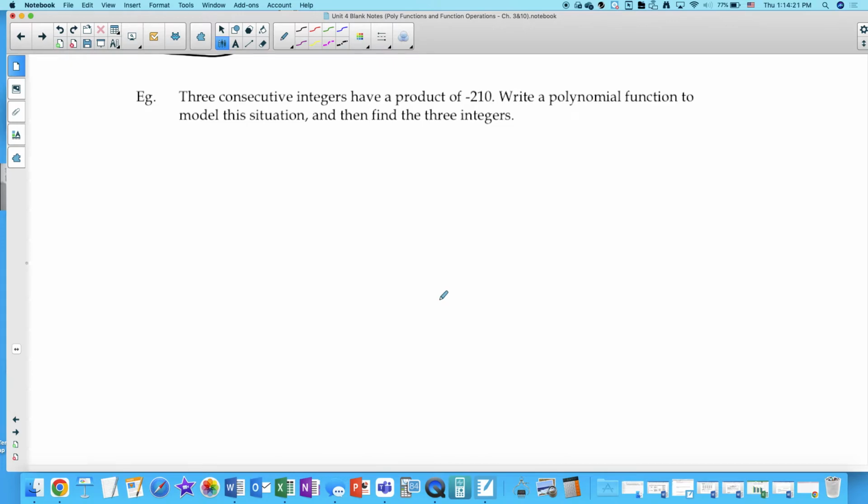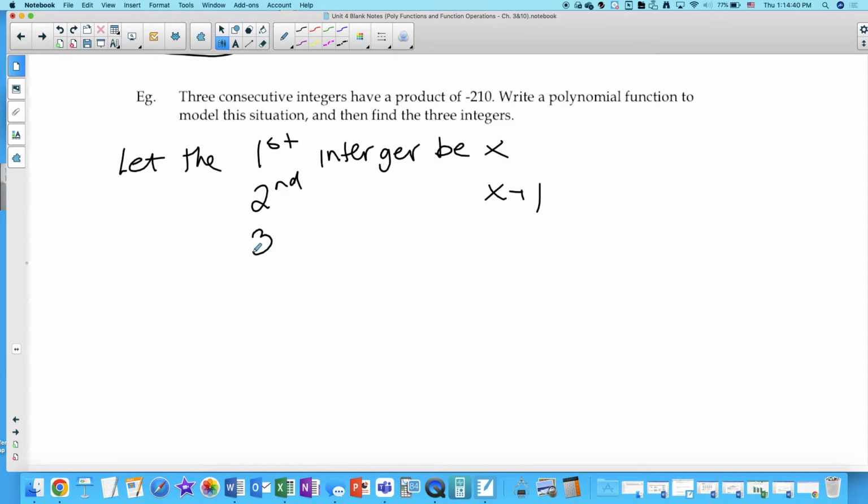Exactly. So what we're going to do is assign a variable. Let the first integer be x. Then the second one is x plus 1, and the third one is x plus 2.